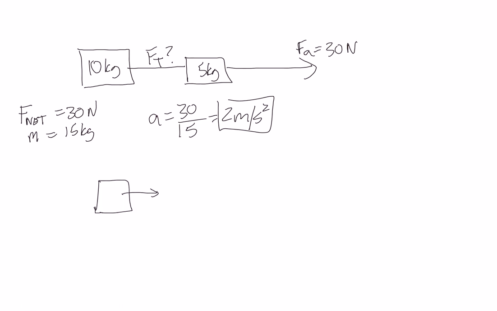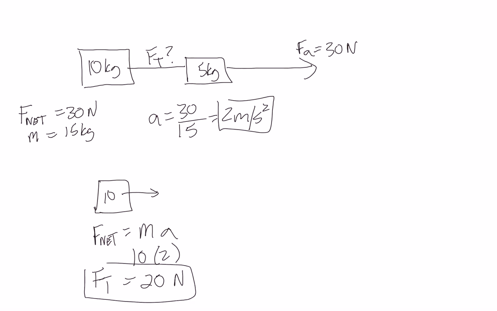With an acceleration to the right of 2 meters per second squared, our net force would be just mass times acceleration. So you'd have 10 kilograms times the 2, which gives you a net force of 20 newtons. And that would be our tension on the rope. The 20 newtons is the tension on the rope.